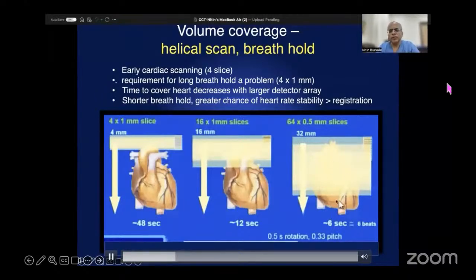So this is very much feasible because this is a very short breath hold. So in a very short breath hold, a 64 slice scanner at the gantry rotation time of 0.5 and a pitch of 0.33 can cover the entire volume of the heart in just 6 heartbeats, which is very much feasible even if you have a very short breath hold.